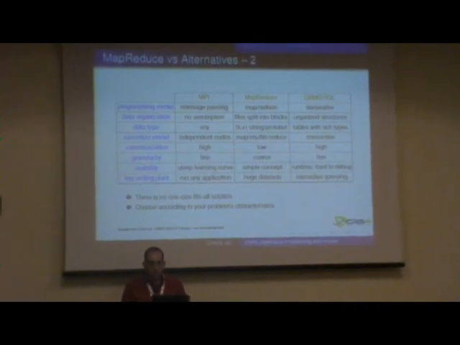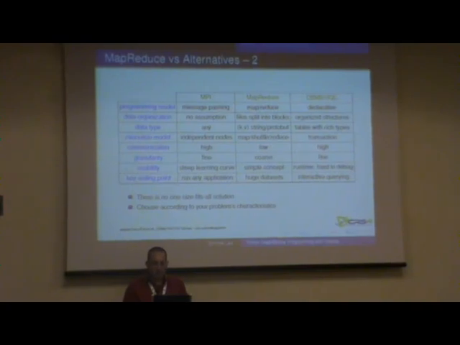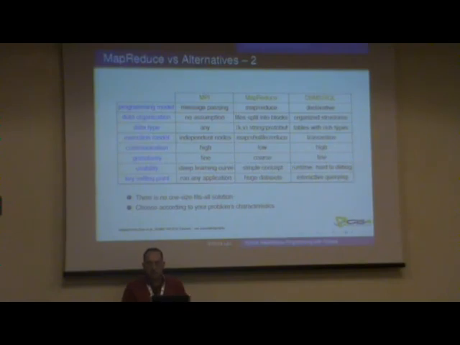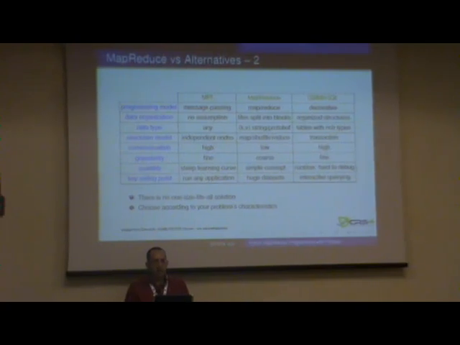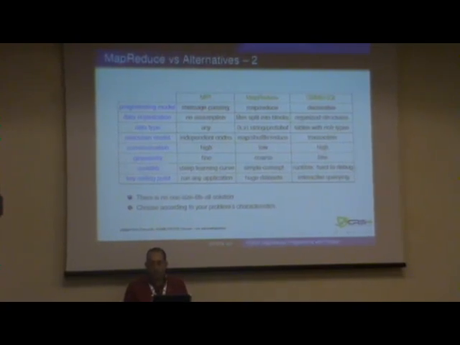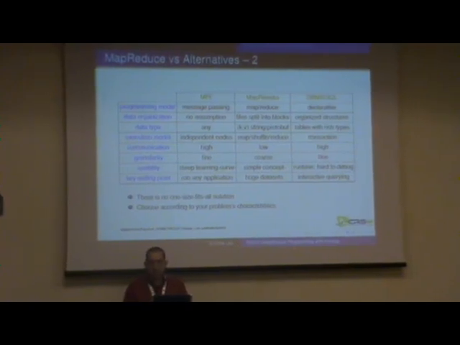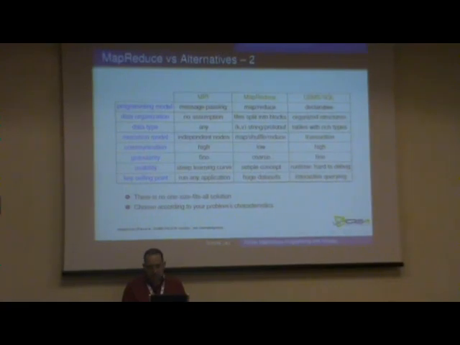And it's also relatively easier to learn with respect to the other models. But the most important thing to remember is that there is no one-size-fits-all solution. You have to decide according to what your problem is. If you have huge data sets and you have to do a streaming batch analysis on them, probably MapReduce is a good thing for you.